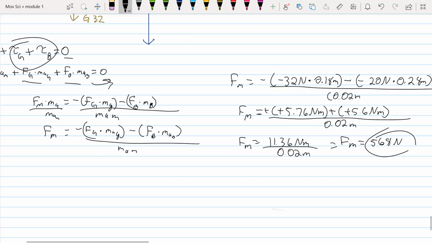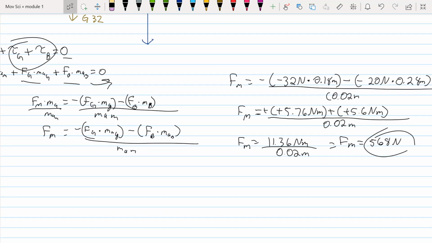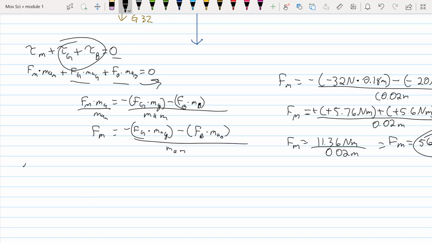Now we can calculate the mechanical advantage using that equation. So your mechanical advantage equals, the book gives us the effort arm over the resistance arm.